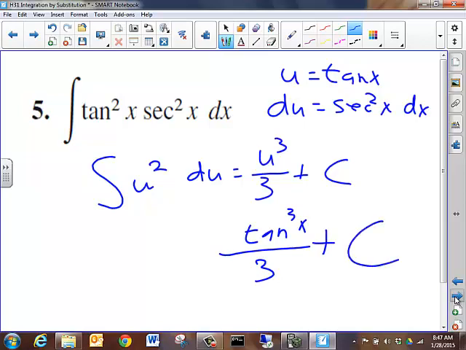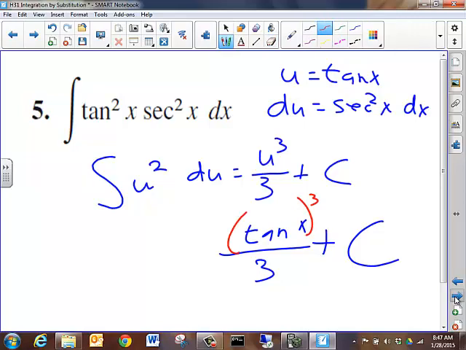Okay, the customary way to write it is how I've got it there, tan cubed x over 3. Now, if you want to put the cubed on the outside instead, you need to put the tan x in parentheses. Both of those mean the same thing.